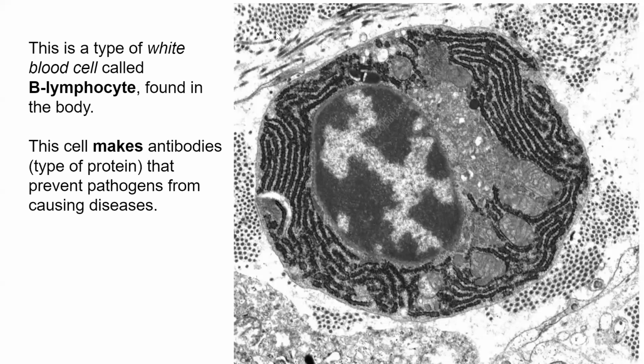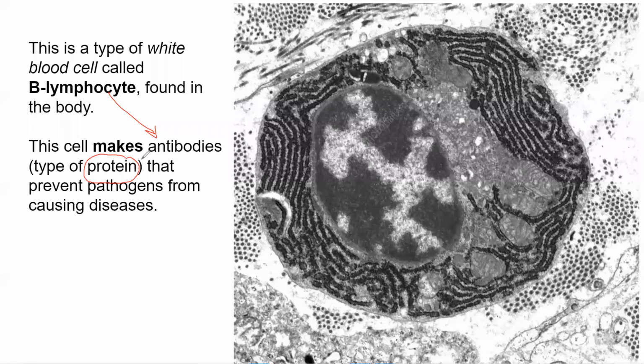So this is the cell that actually makes antibodies. Antibodies are like bullets for a soldier. So a soldier doesn't go to the enemy territory and stop the enemy, right? They shoot. So similarly, this B lymphocyte is going to make antibodies. Antibodies are nothing but special type of proteins.